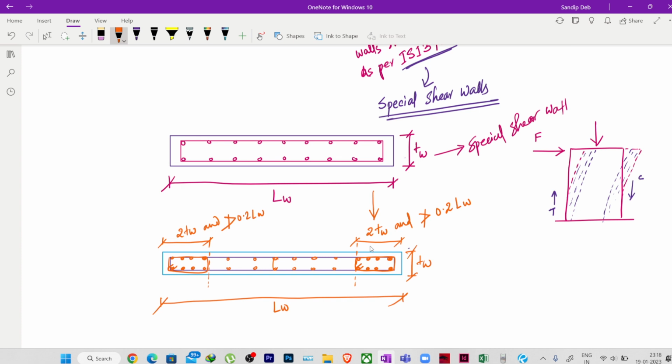Fine. As the stresses are higher at the end zone, we can provide some stiffer zones to take those stresses. In that case, the design will be more economic, or more proper.